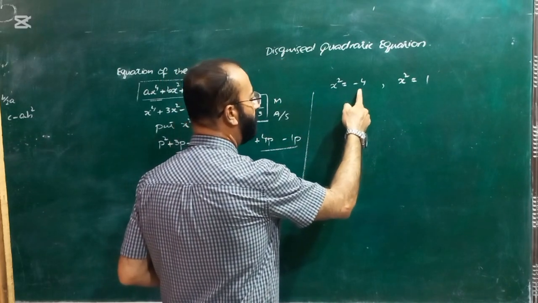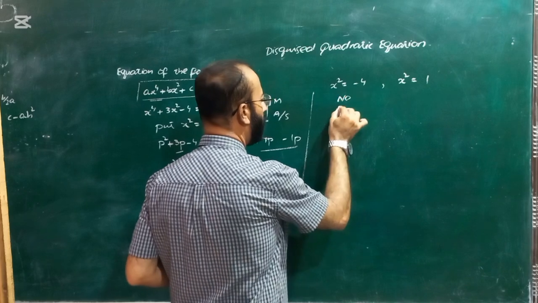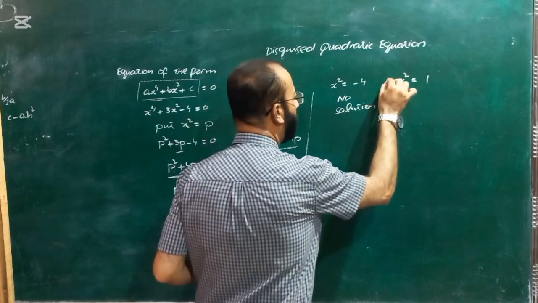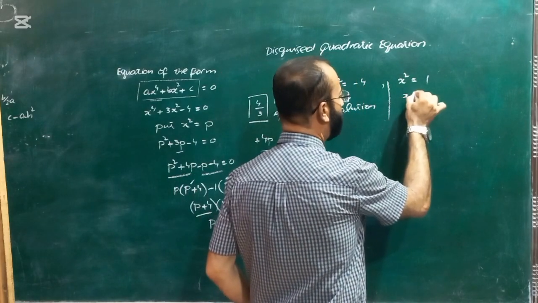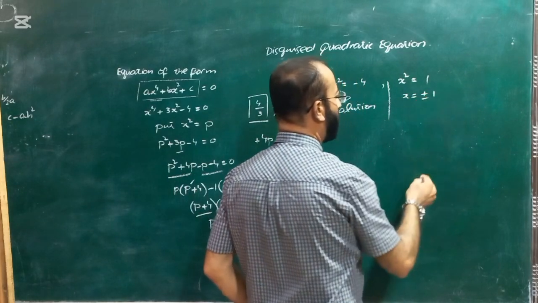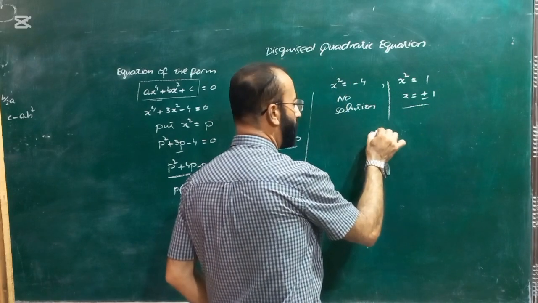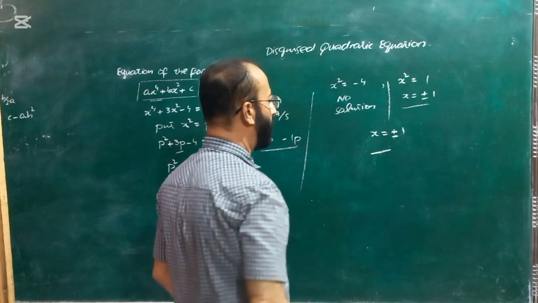Because x^2 = -4 will not give you an answer, there is no solution. Now solving x^2 = 1, take the square root of both sides, so x will be equal to plus minus 1. So x = ±1 are the answers.